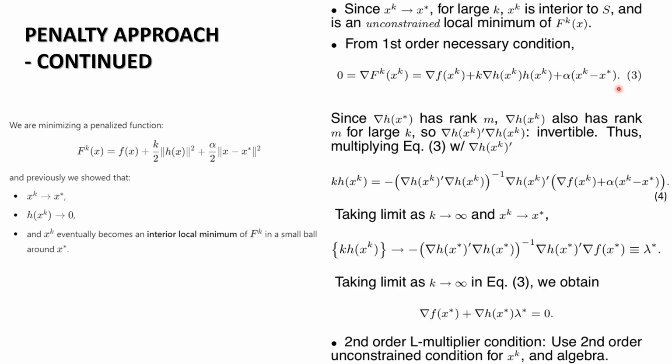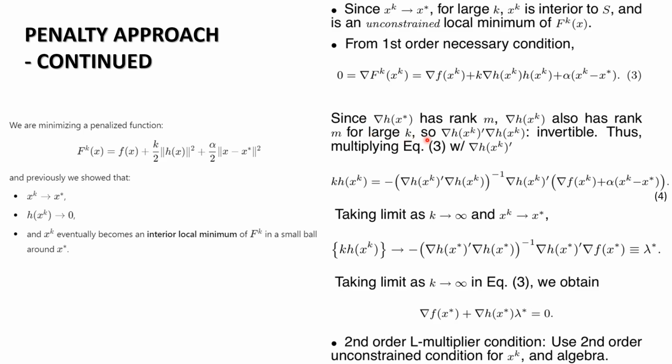Now assume for large k that nabla h of x star, from the set R with n by m dimension, has full column rank m, which is thus so near x star, since such kind of gradient is full rank.